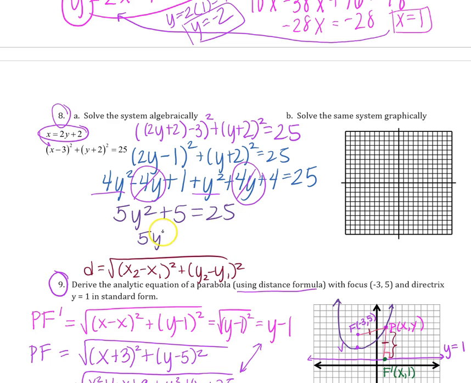So 5y squared, and then I'm going to subtract 25 from both sides, so I have minus 20 is equal to 0. So now I've got to solve. So I can factor out a GCF of 5. Oops, this is supposed to be y squared minus 4.